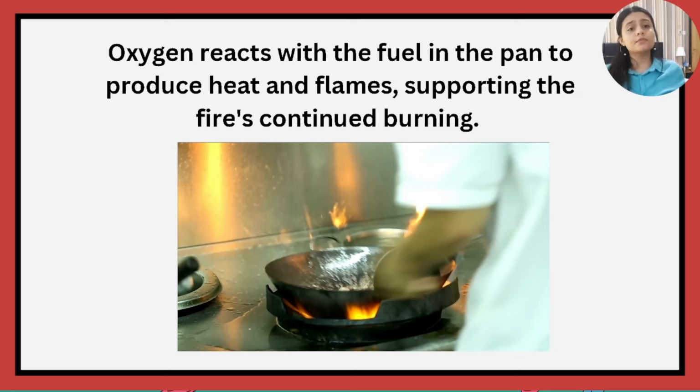Where does this fuel come from? So my dear students, this container has many edible oils which are flammable, which catch fire easily. So when the cook swings the container, the oil spills out and catches fire. That's why the flame takes place. The huge flames come outside the pan.